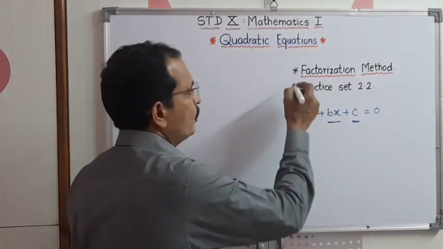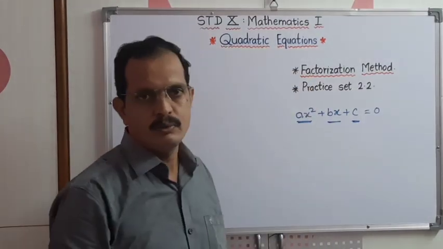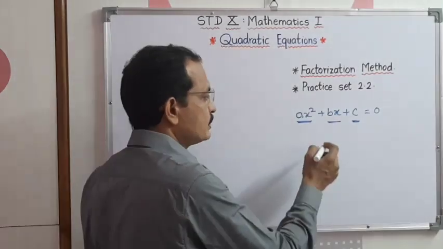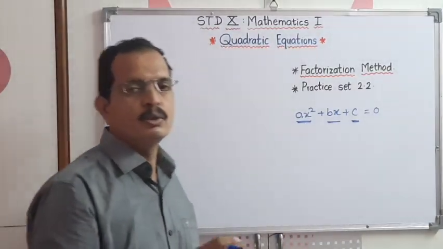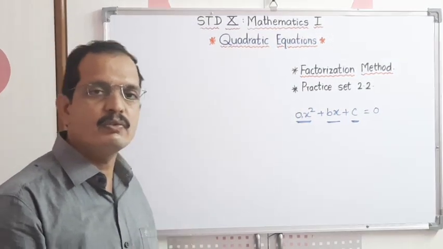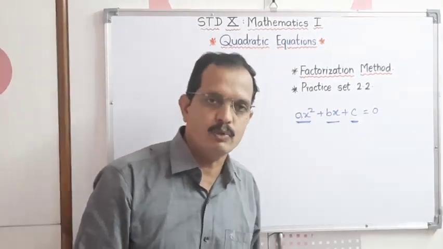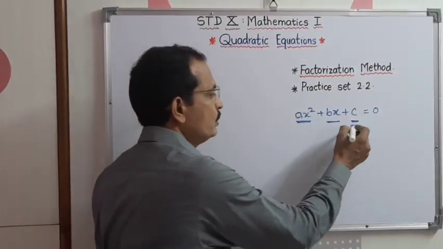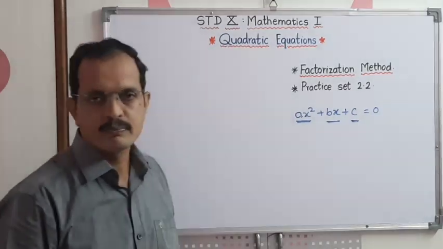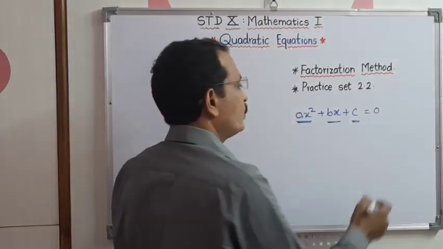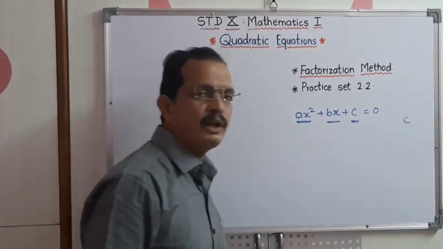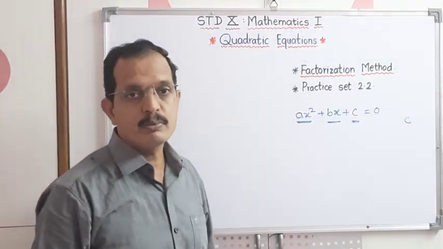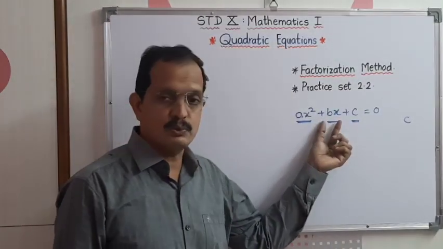Now by using the factorization method we have to use the factors. The first step is that we have to arrange the given quadratic equation in standard form if it is not in standard form. Afterwards we have to consider the constant term and find the factors of that constant term. For that purpose we have to consider the middle term also.